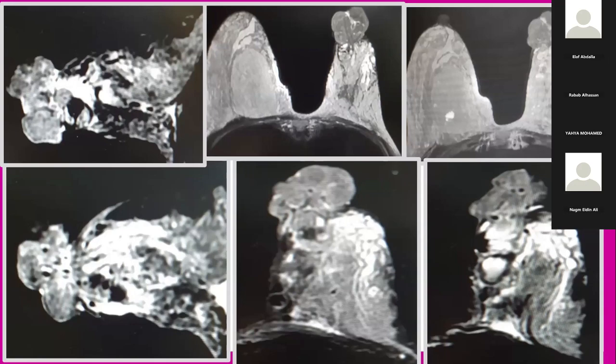These here are T2 images, demonstrating the hernia and the continuation between the herniated breast tissue and the intramammary tissue. Can you see it here also? These are the ducts converging into the hernia.